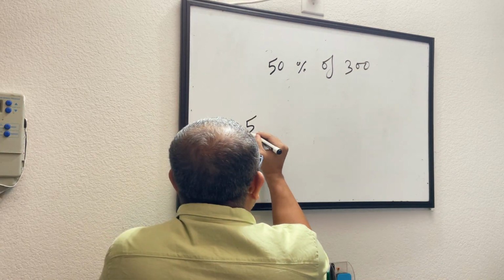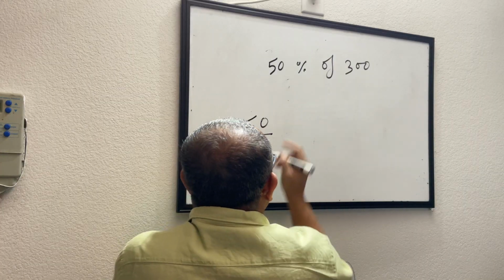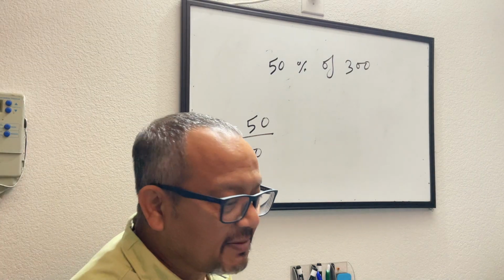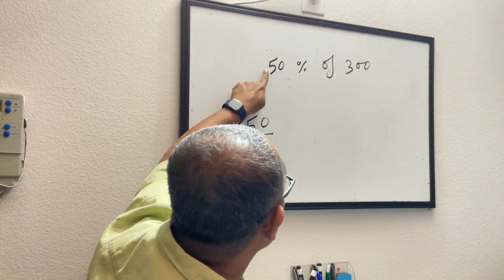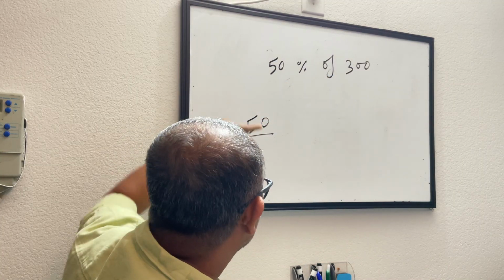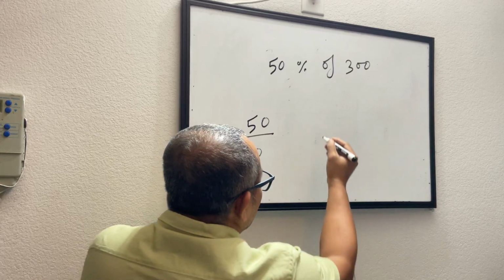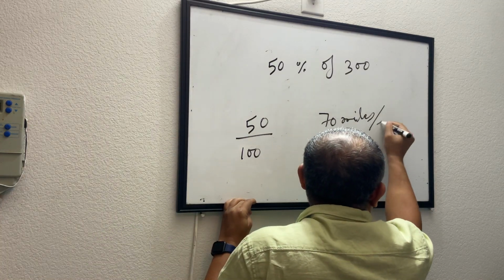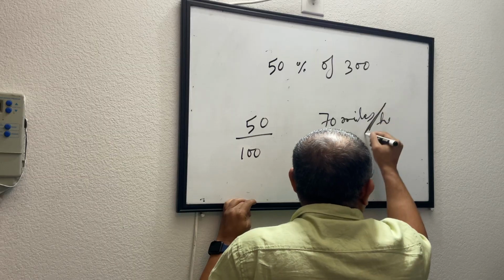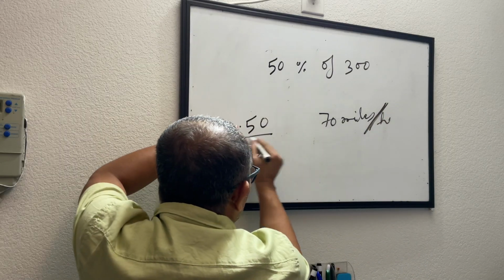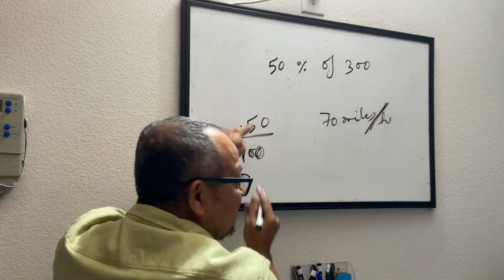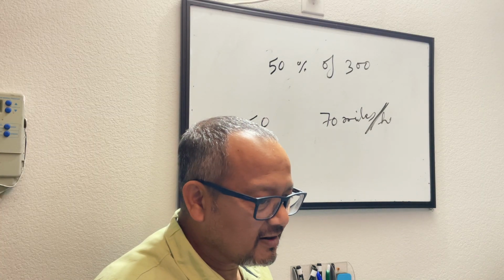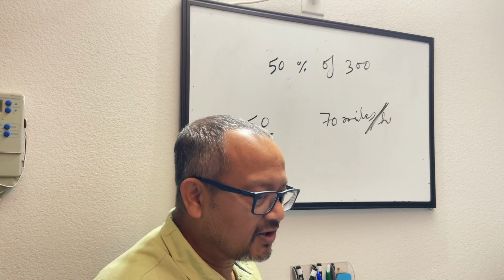Per cent, cent stands for century, which is 100. So 50 per, like you say 70 miles per hour, this one is per, and cent stands for century, which is 100, okay? Is that okay, Anahita? Are you with me so far?